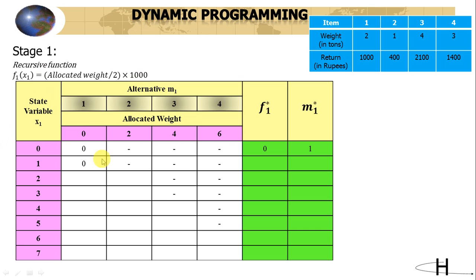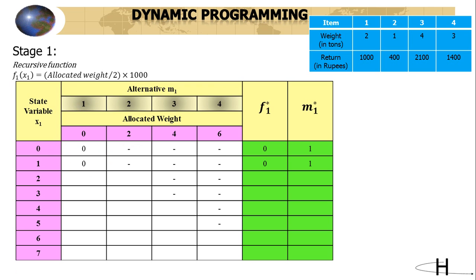Now here again we cannot consider this allocated weight 2 because here we have considered maximum value of state variable is 1 ton. So the best recursive function value will be 0 with respect to alternative 1.